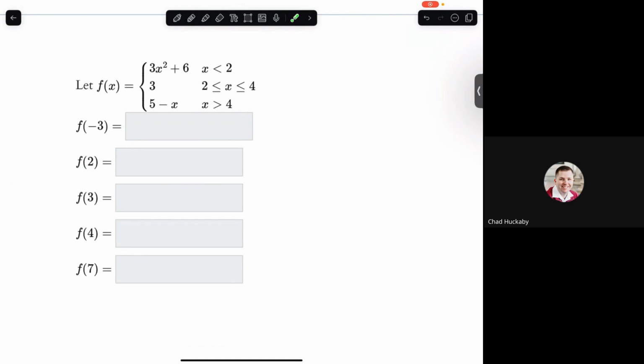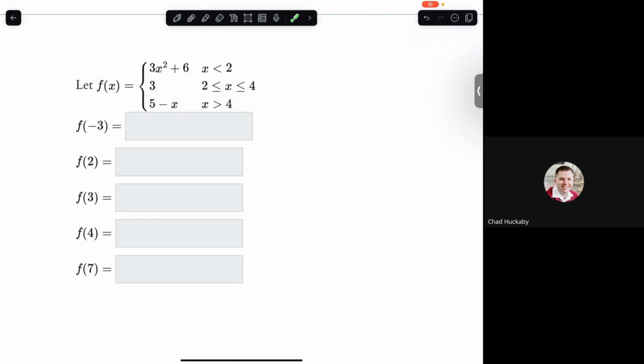So we've got 3 different pieces. If x is less than 2, then the relationship between x and y is 3x squared plus 6. If x is between 2 and 4, then it's always 3. And if x is greater than 4, the equation is 5 minus x.